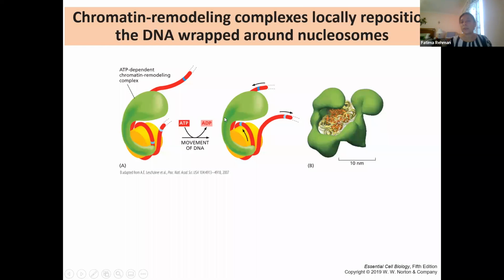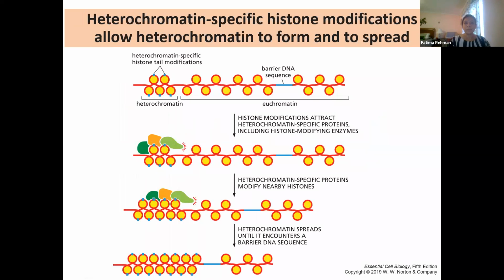Either one of that is going to require ATP hydrolysis to move along this fragment and wrap it or unwrap it. And it takes several steps of this hydrolysis to get a small segment to unwrap or wrap.